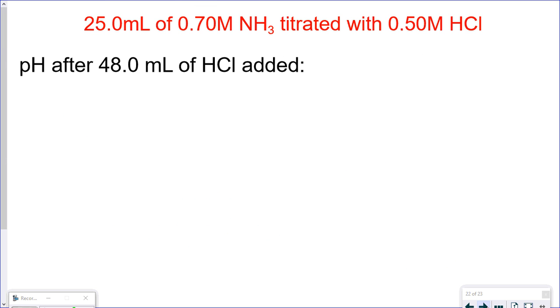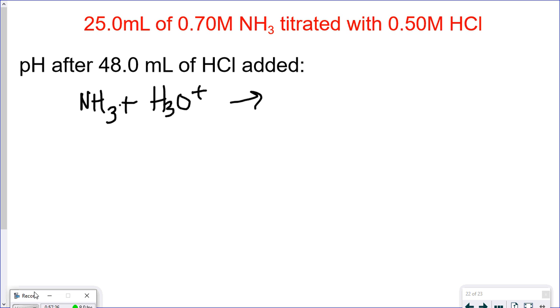The last process was after the equivalence point. After the equivalence point, we are going to have excess acid, but we need to figure out how much excess acid we have. So we do need to go through the same neutralization of the ammonia and hydronium from the hydrochloric acid, producing the ammonium and water.